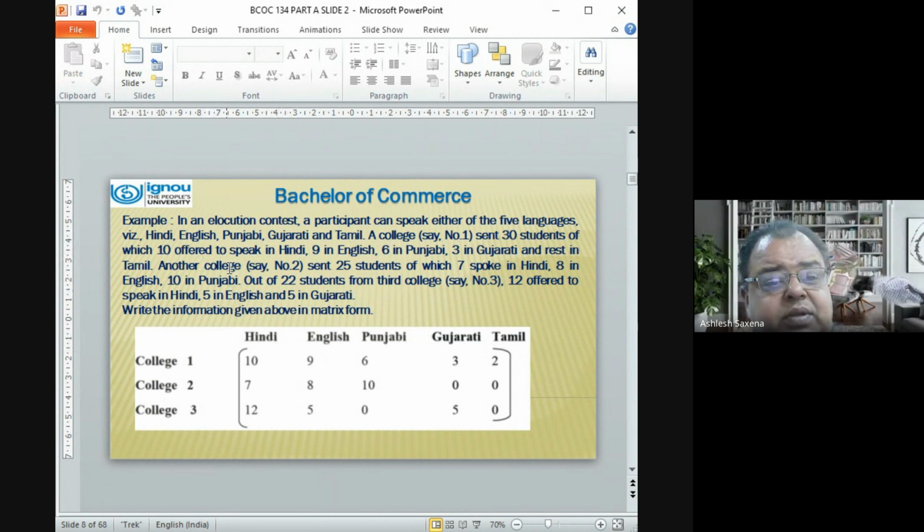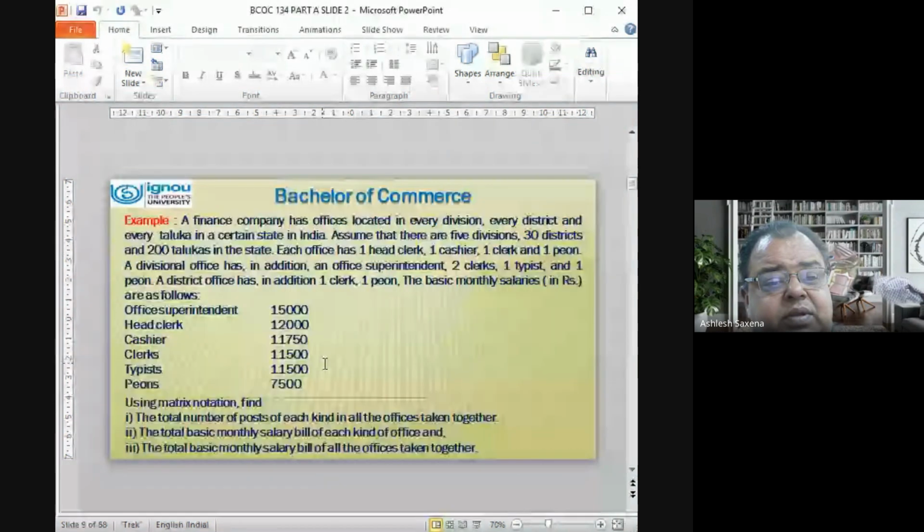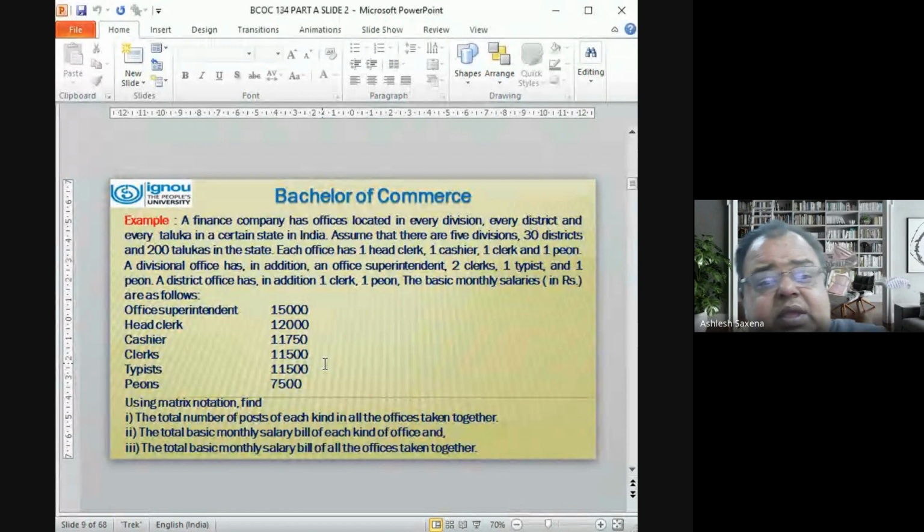First of all, it is division, second one is district, and the third one is taluka in a certain state in India. Assume that there are 5 divisions, 30 districts, and 200 talukas in the state. Each office has one head clerk, one cashier, one clerk, and one PM. This is related to the manpower.